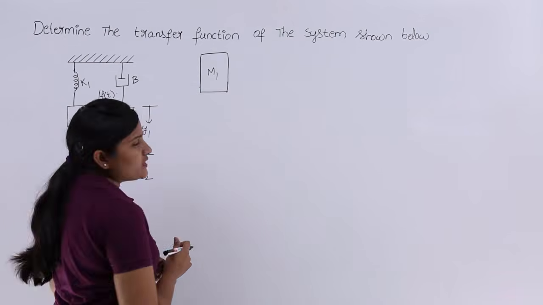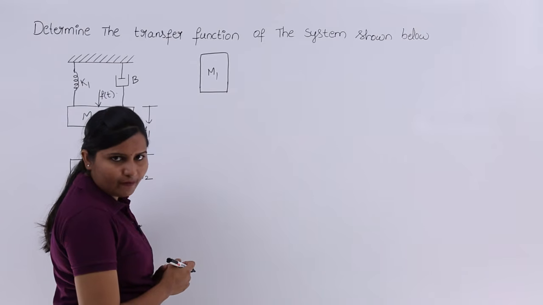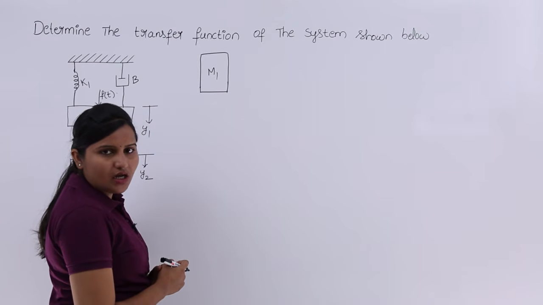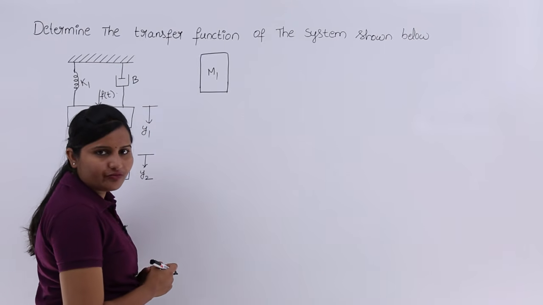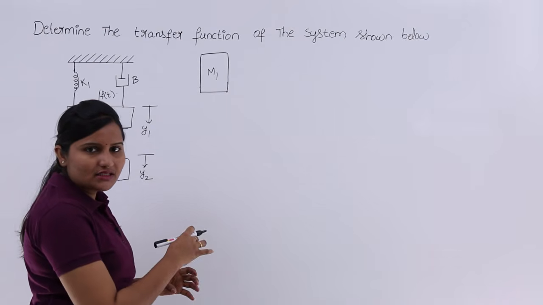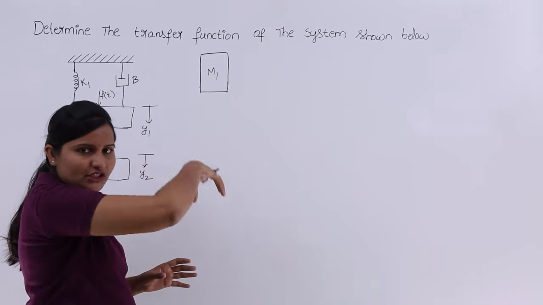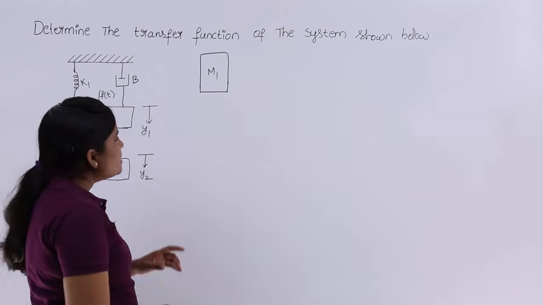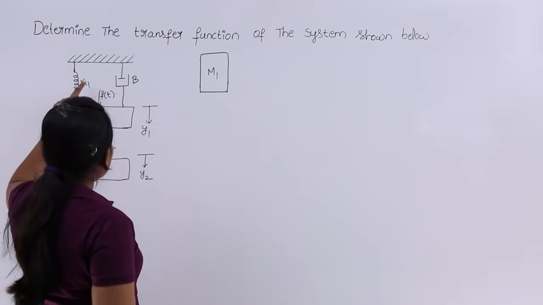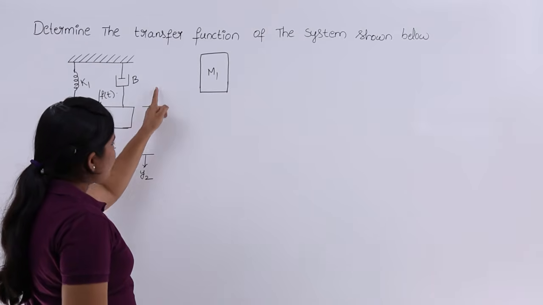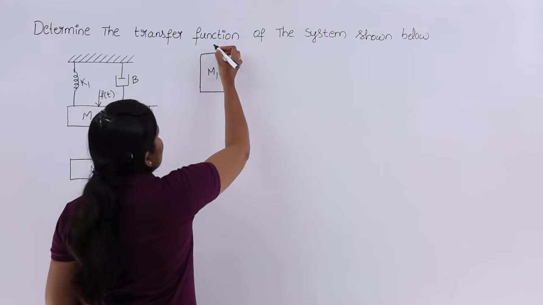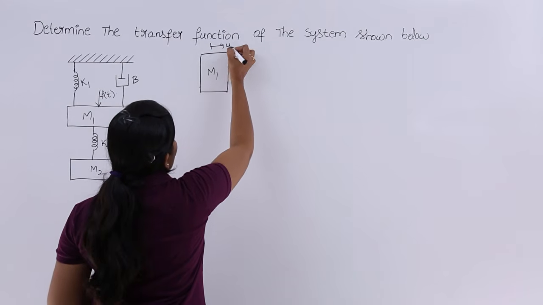First, for mass m1, I am going to draw the free body diagram. A free body diagram indicates the total forces acting on that particular mass. Here for m1, the displacement is y1, so I am considering the direction of y1.